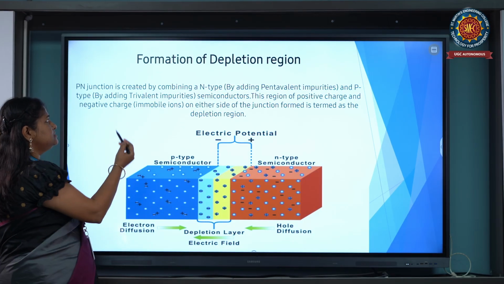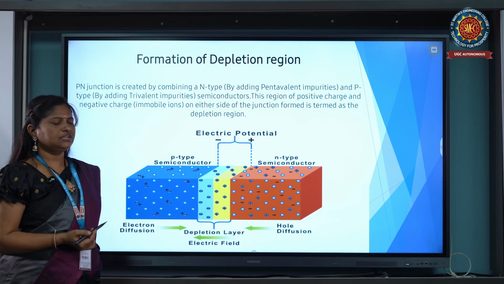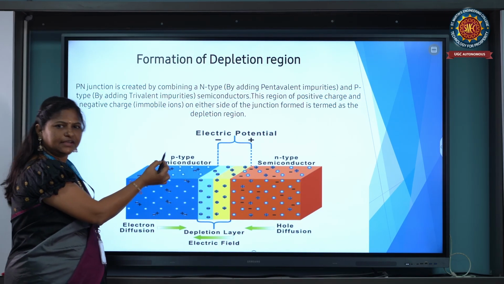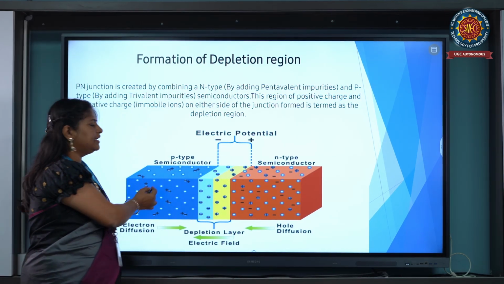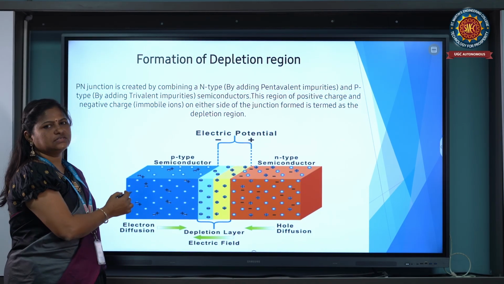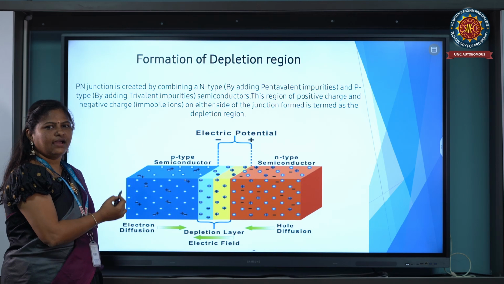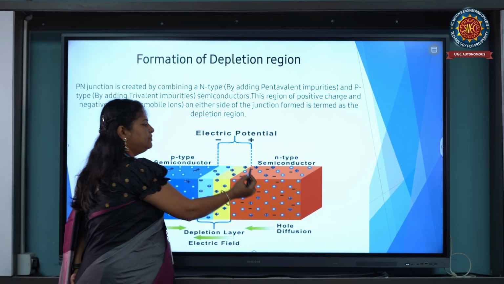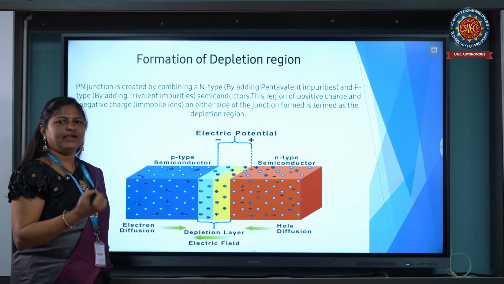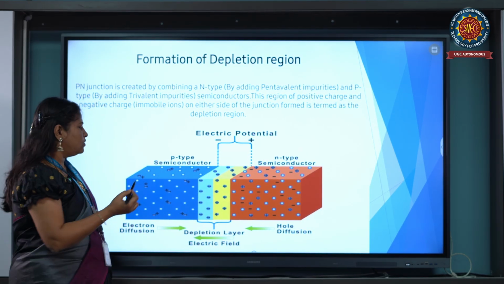And this is the formation of the depletion layer of the PN junction diode. Whenever we join the P-type and N-type semiconductor materials, the P-type material has holes as majority charge carriers and electrons as minority charge carriers, and in the N-type semiconductor the majority charge carriers are electrons and the minority charge carriers are holes.